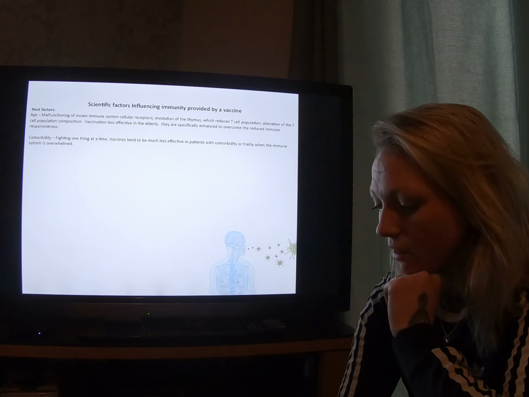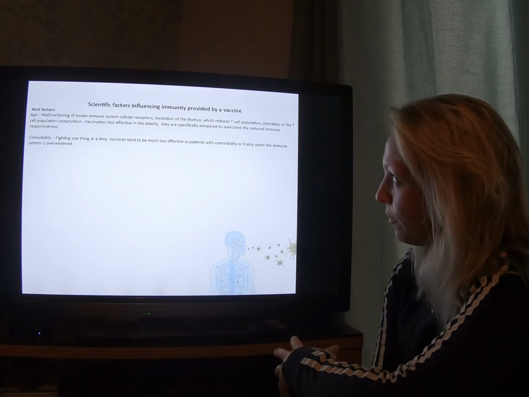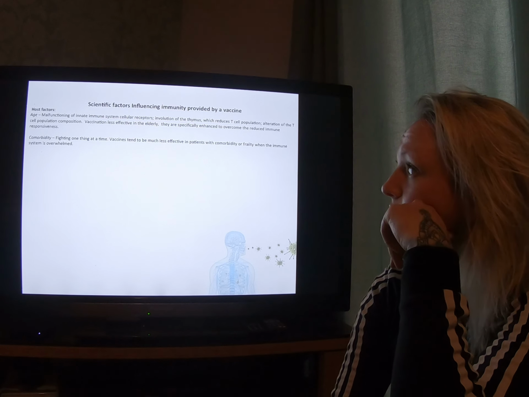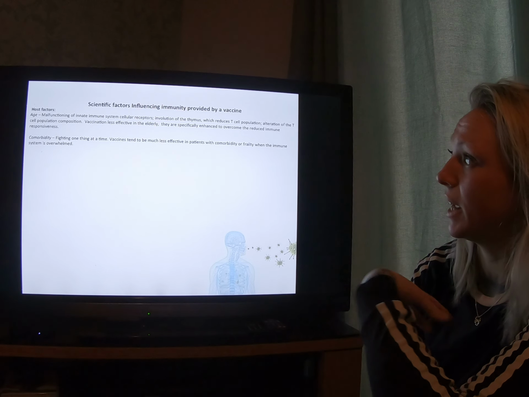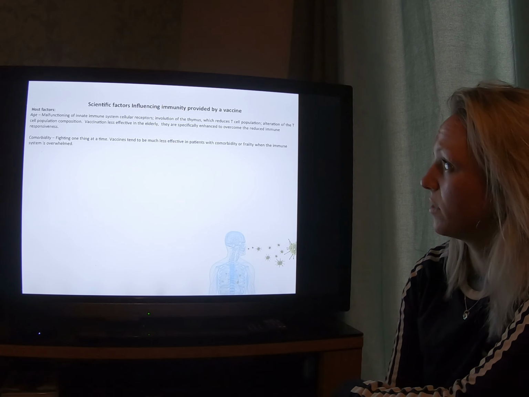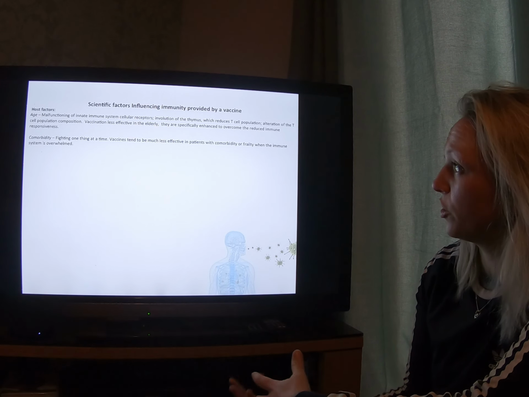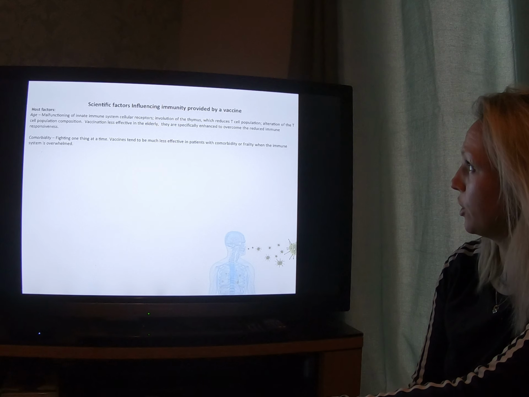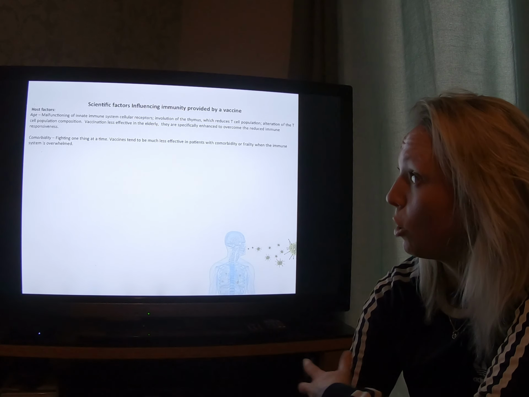There are scientific factors that affect our immunity. So host factors: age, malfunctioning of our innate immune system, cellular receptors, and involution of the thymus, which reduces the T cell population. Comorbidity as well.